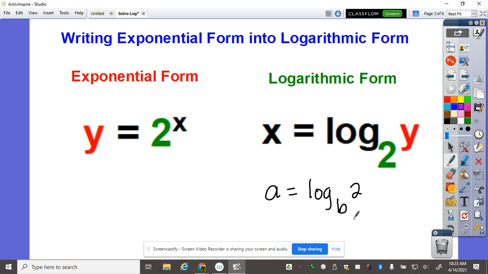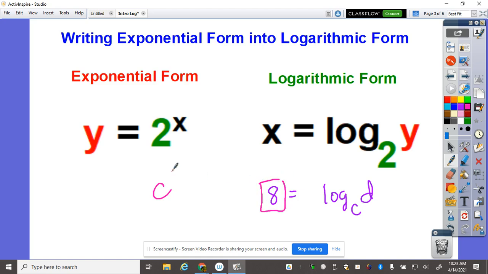The base here is the one under, so I'll put here the b, and the exponent is the one by itself, so b raised to the a is equal to 2. One more time. Let's say 8 is equal to log base c of d. So again, I always start with the base. The base here is c, and the exponent is the one by itself, so c to the 8 equals d.